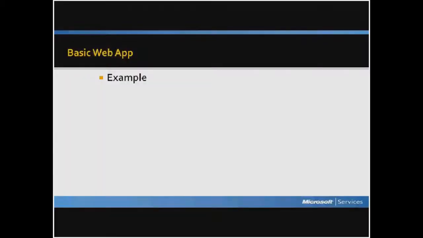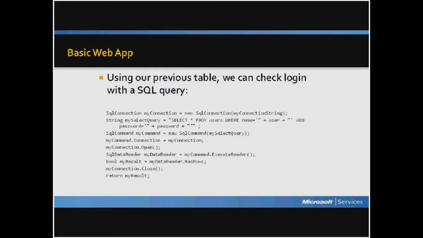So let me jump back to the PowerPoint slide here and take a look at what happened. Once again, this was the string mySelect query. We select asterisk from users where name equals, and the user variable was Joe, so Joe gets inserted there. And the password equals what was password1 apostrophe or 1 equals 1 semicolon dash dash.